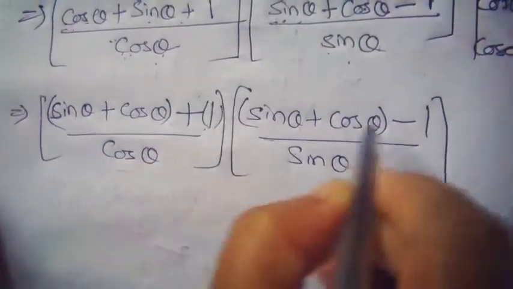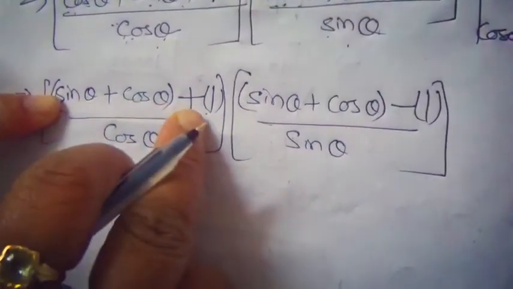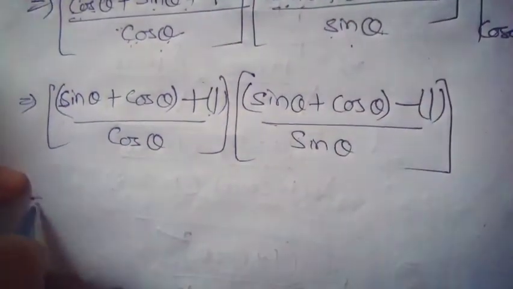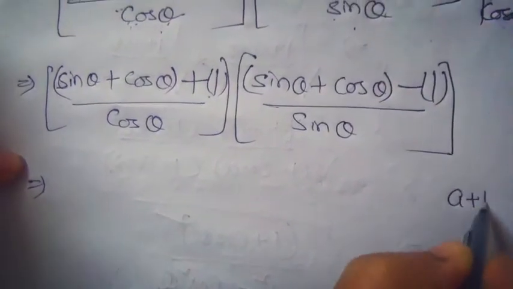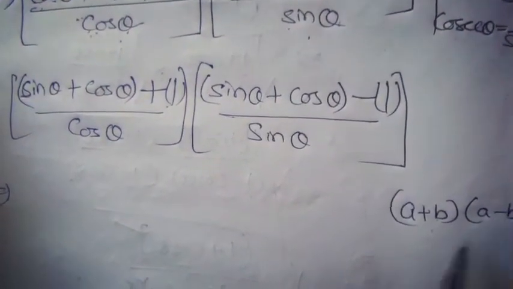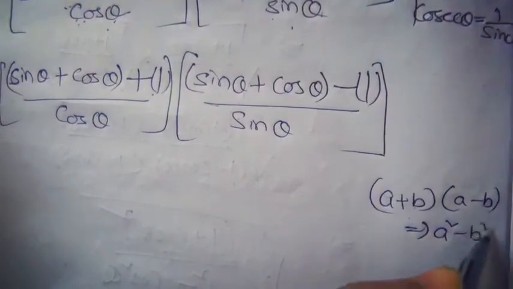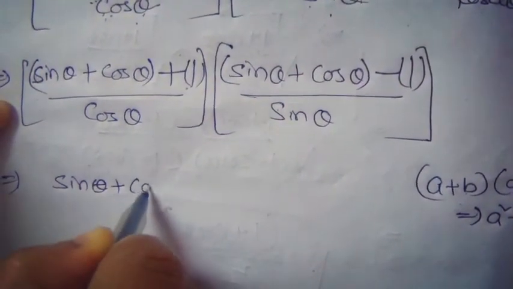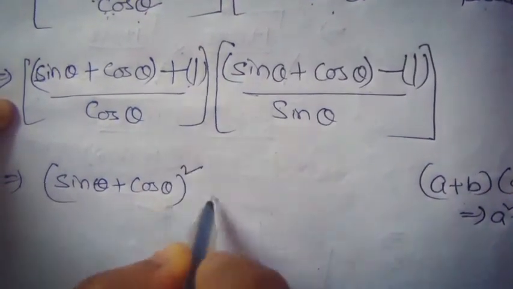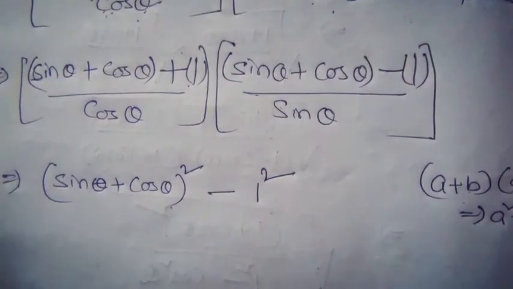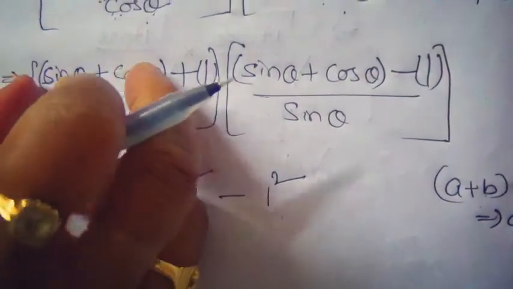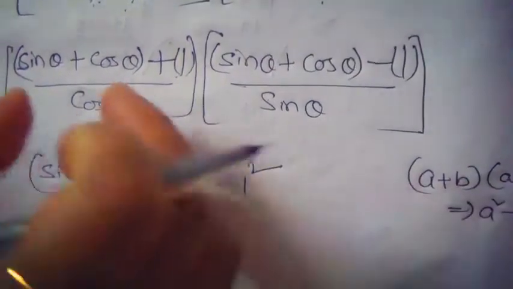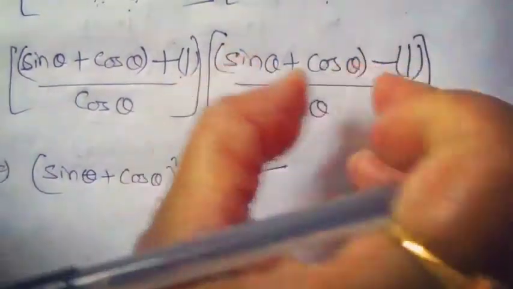It is just like (a plus b) into (a minus b), which is equal to a square minus b square. So (sin theta plus cos theta) whole square minus 1 square, assuming the first terms are a and this one as b.